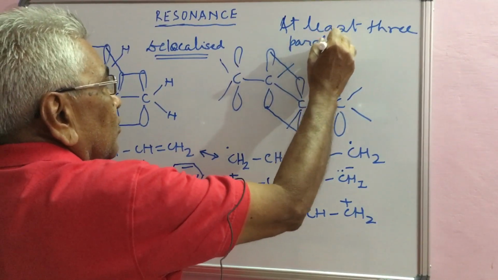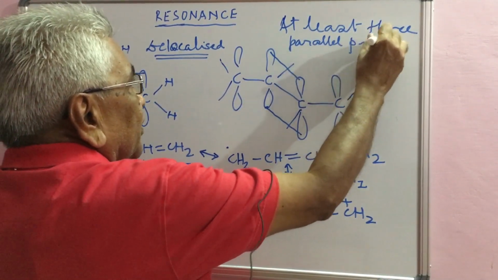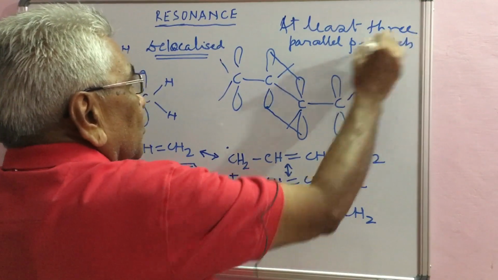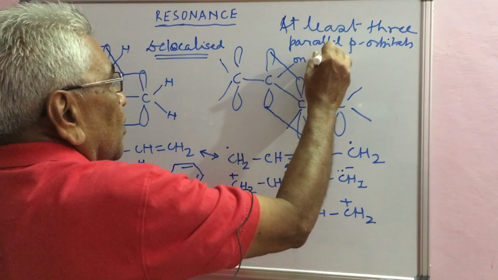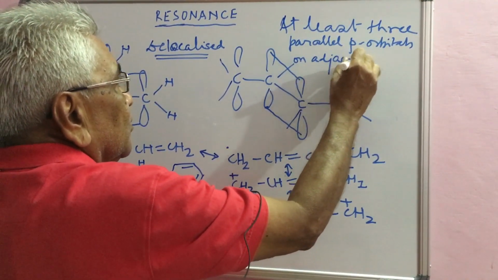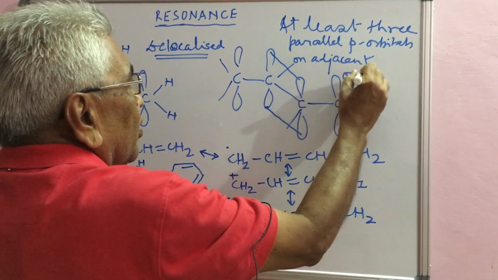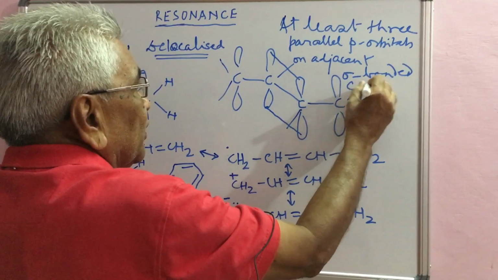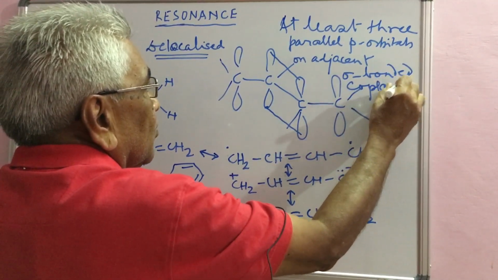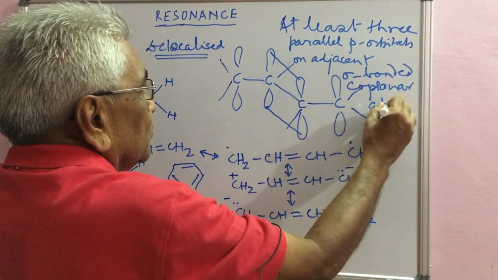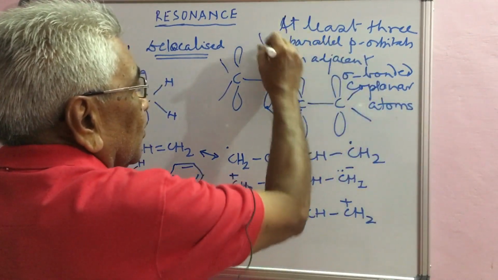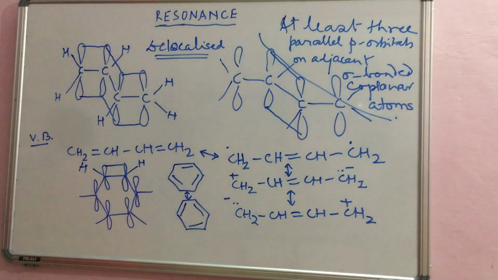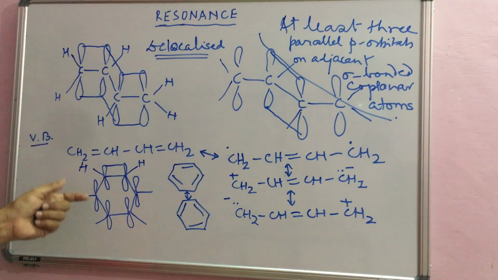Parallel p orbitals on adjacent sigma bonded coplanar atoms, then this type of delocalization will take place.